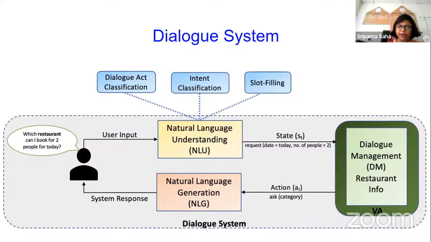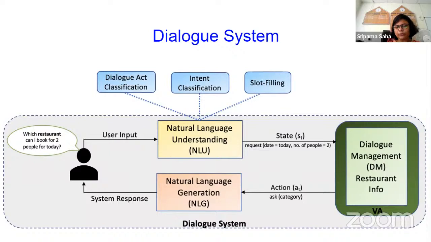One is dialogue act classification, which is to understand the type of the utterance. For example, "Which restaurant can I book for 2 people for today?" is basically a question. The dialogue act classification is a classification framework which outputs the category of the particular utterance.